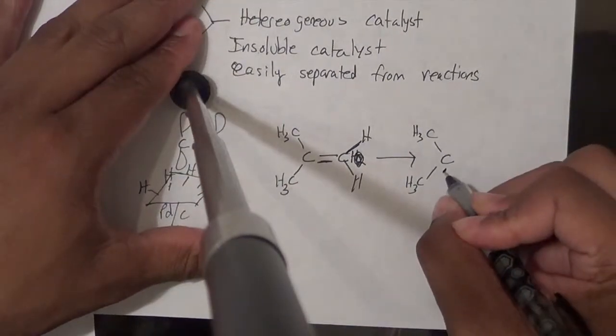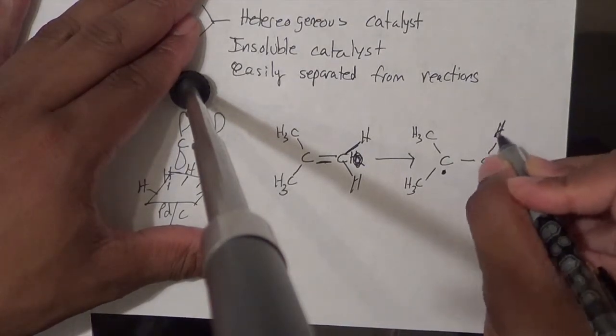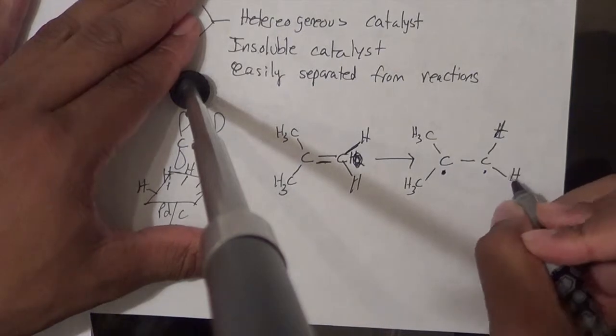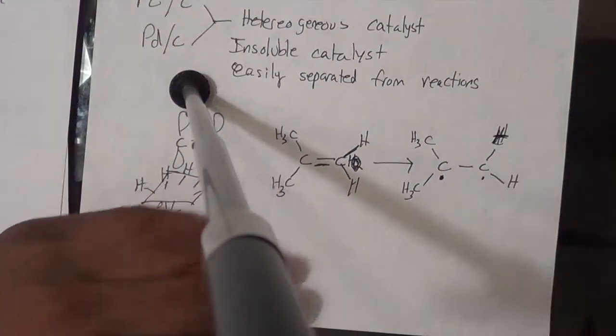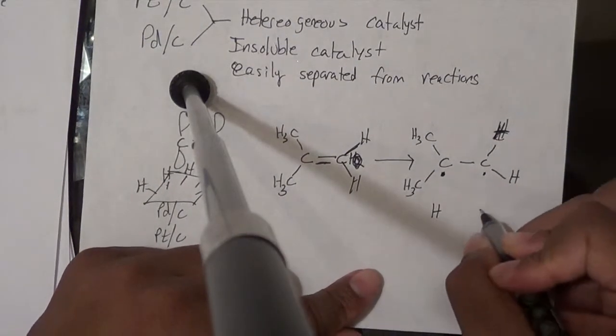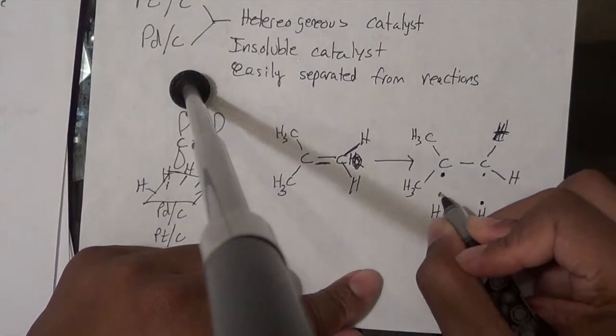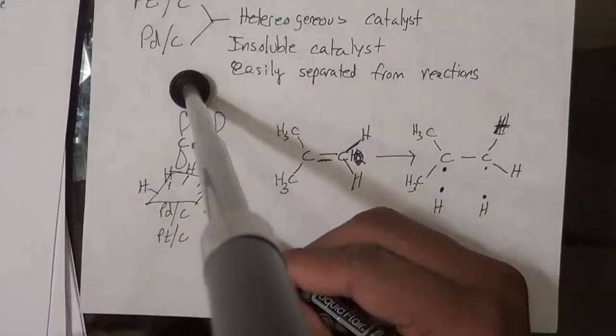So this dot counts as one of the electrons, and let's say one of them goes here. Okay, and then let's say our hydrogen, which we know only has one electron, aligns itself with these carbons. Same thing I said in the picture.